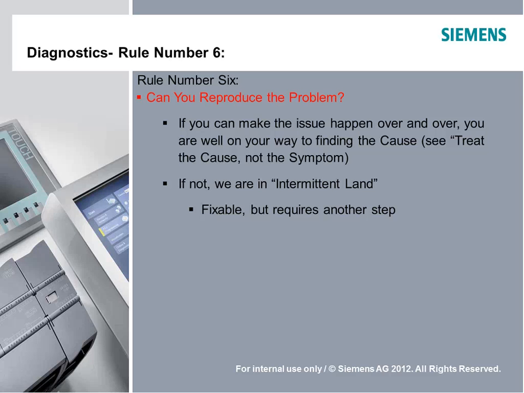If we can't reproduce the problem, we may very well be in what we call intermittent land. Intermittent problems are the most diagnostically intense issues. They're fixable, but sometimes it can take a lot more time, and a little more investigation to figure out what an intermittent problem might be.